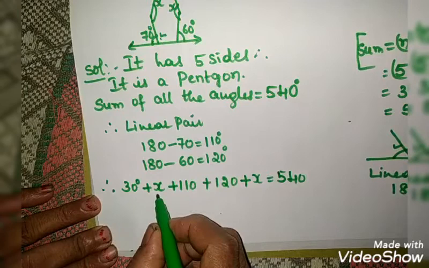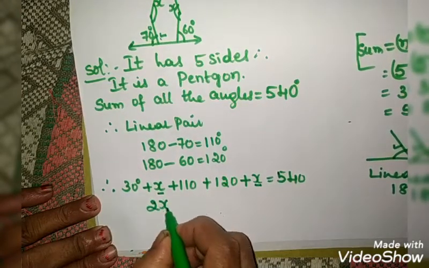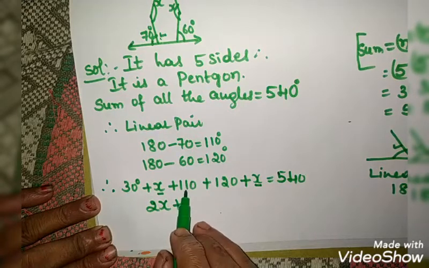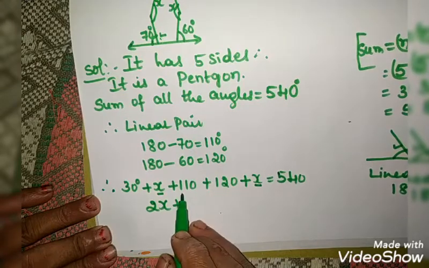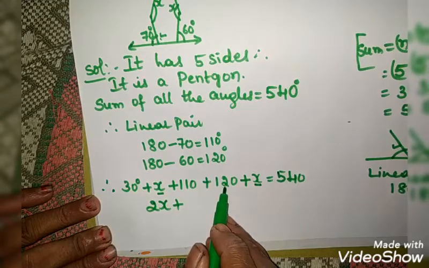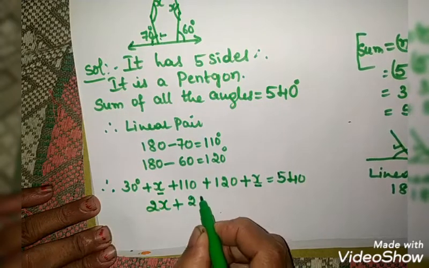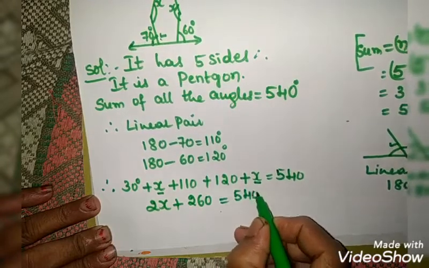So let us add the variables x and x. It is 2x. Then the numbers: 110 plus 120, how much is it? 230. 230 plus 30, 260 is equal to 540.